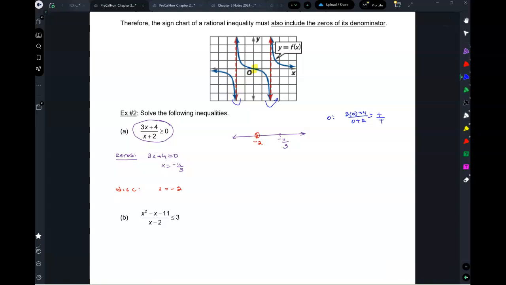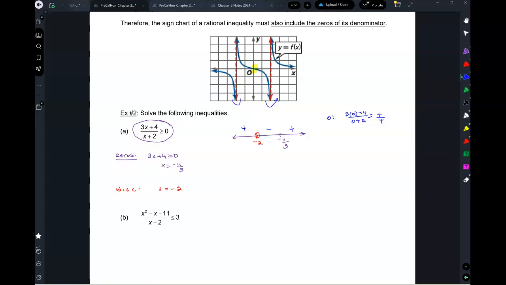So the way we do this is, look in the numerator, it's going to be positive over positive, so that's going to be positive. Okay, negative 4 over 3 has odd multiplicity, so it alternates. How about negative 2? Odd multiplicity, so it alternates. You see that? It's the same. It is crazy. So we want this to be greater than or equal to 0.